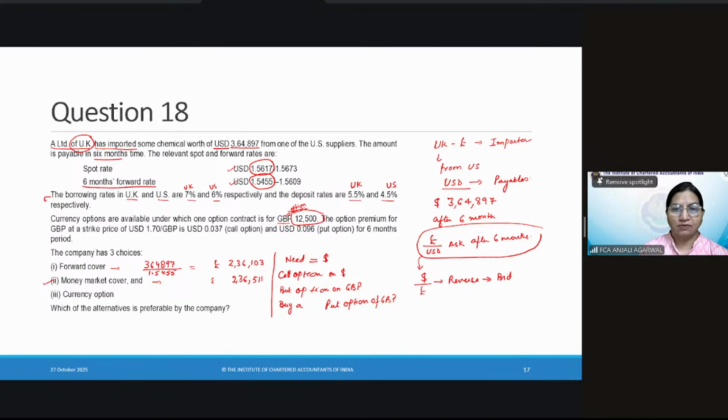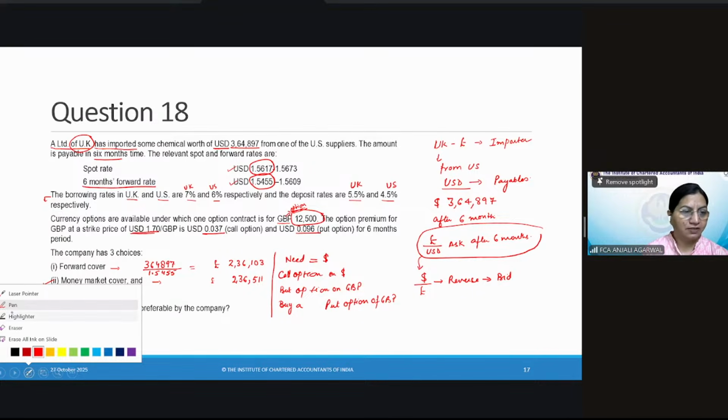Contract size is 12,500. Option premium for pound at a strike price of USD 1.70, Great British pound, is USD 0.037 under a call option and 0.096 under a put option for 6 months period.